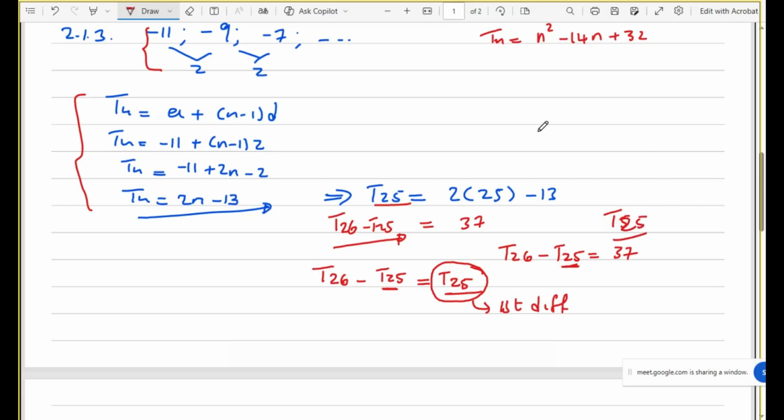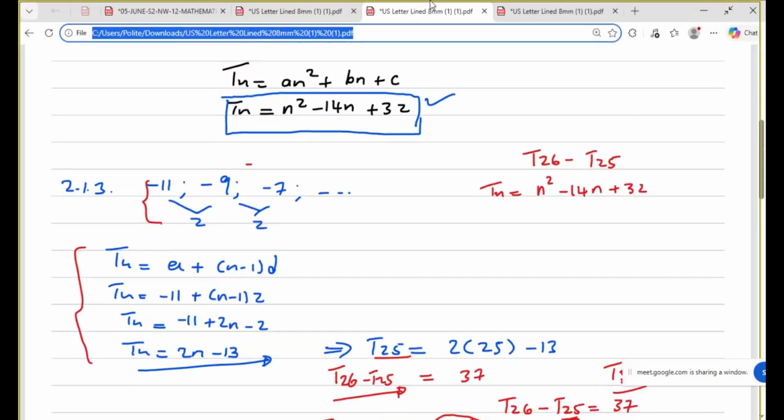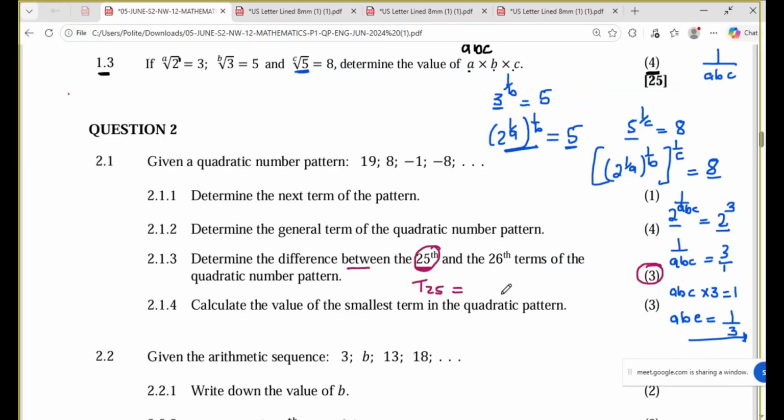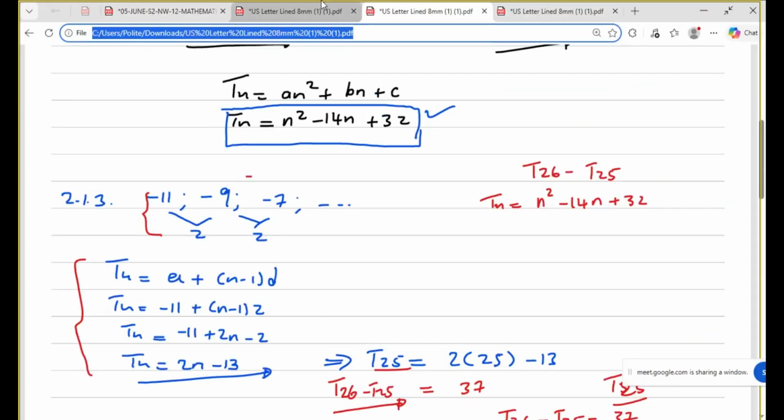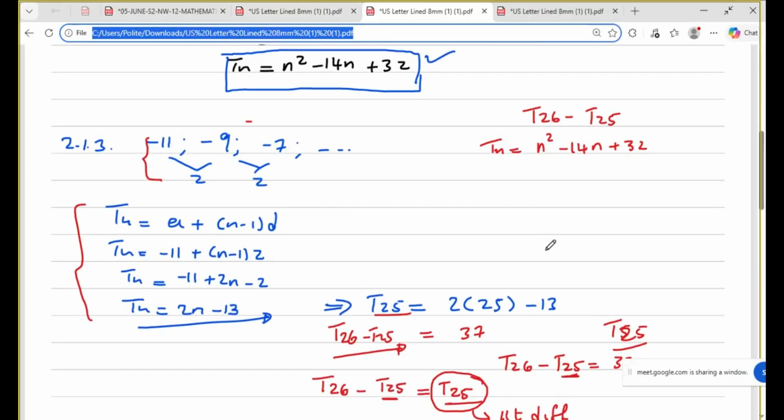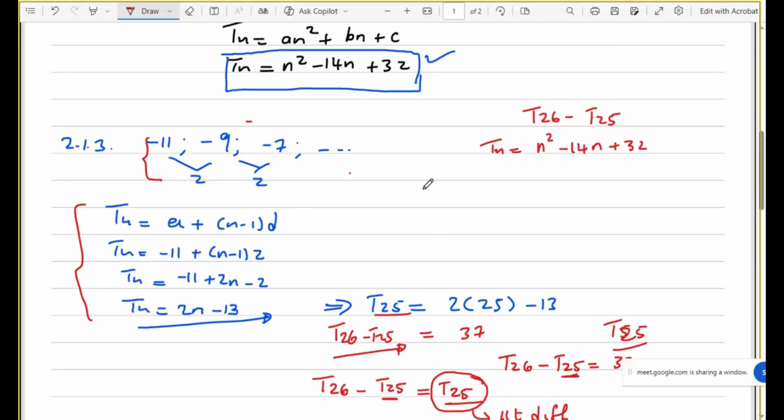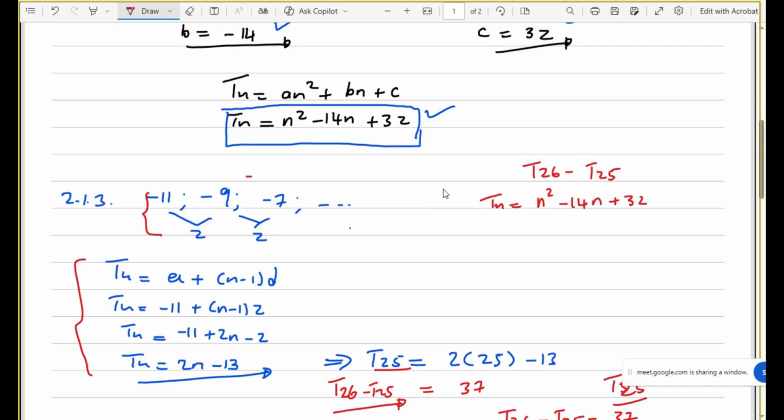So now the question set they want us to find from the quadratic equation, they want us to find the difference between those two. Now let's go to that method you wanted us to use. I think that method will also be correct because it will give us the same answer. Let's find T26.